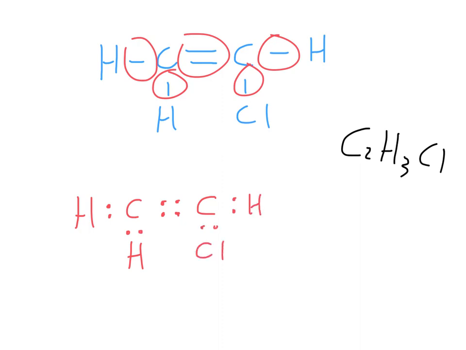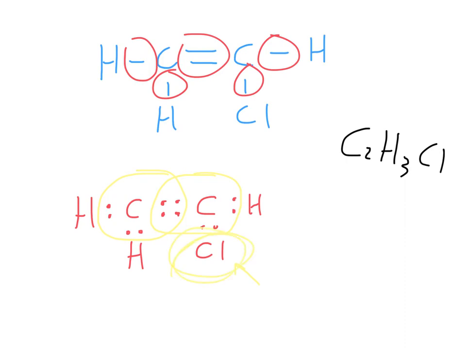That's the first step, and then I need to check to see if all of my elements have octets. Or in other words, what I'm really checking for is to see if I have any unshared pairs, any electrons that are non-bonding that I need to put in here. Here you can see I've circled the octet for the carbon and the octet for the other carbon, but when I look at the chlorine here, the chlorine doesn't have an octet.